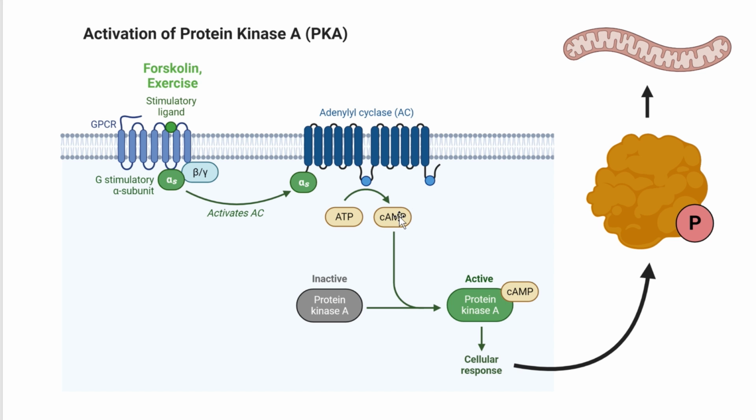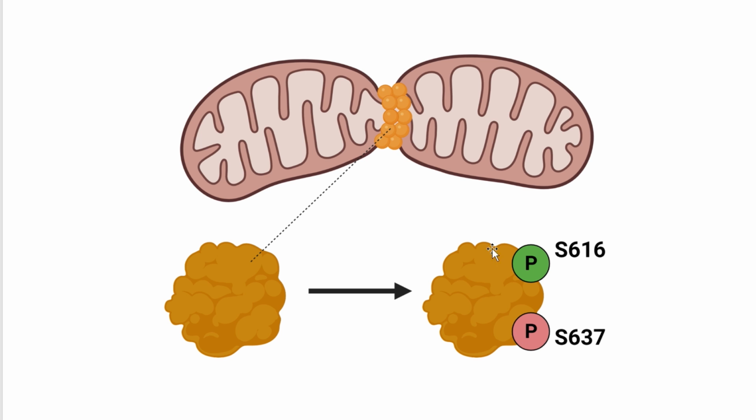So now as the concentration of cyclic AMP increases, it will bind to a protein known as protein kinase A. Once it's bound, it becomes active, which will lead to a series of other cellular responses, which will eventually lead to the phosphorylation of DRP, which is why we're going full circle back to this.